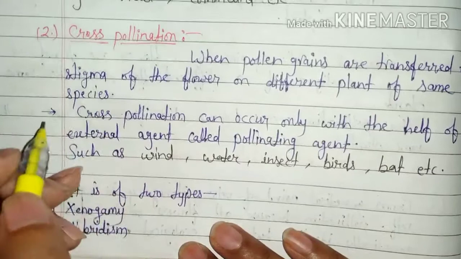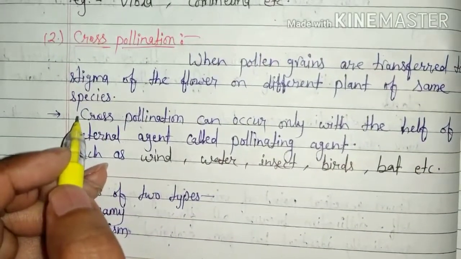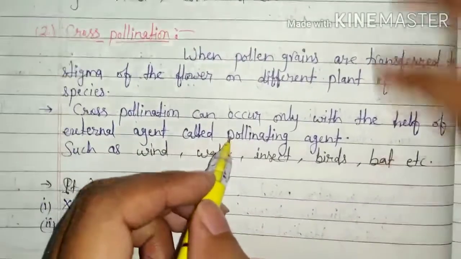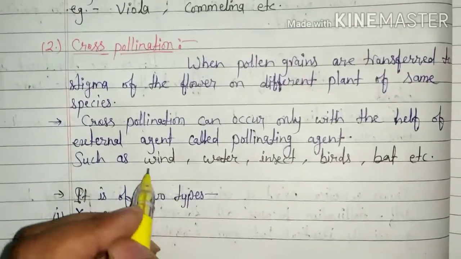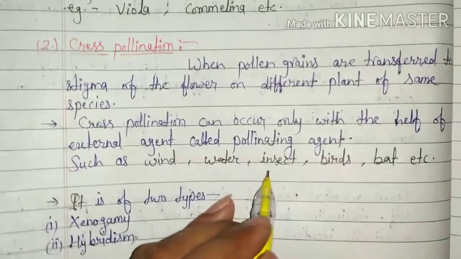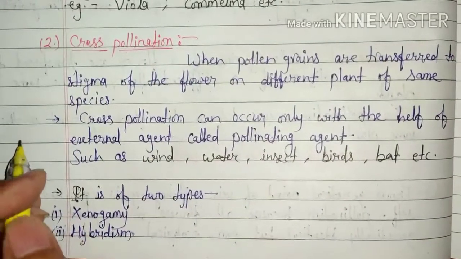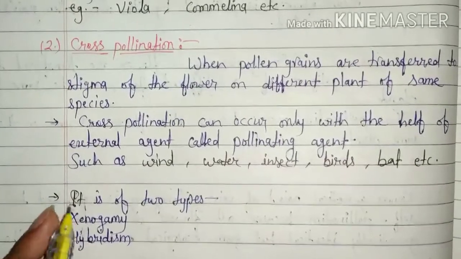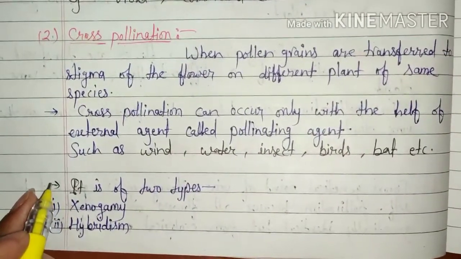Cross-pollination can occur only with the help of an external agent called a pollinating agent, such as wind, water, insects, birds, bats, etc. And it is of two types, xenogamy and hybridism.